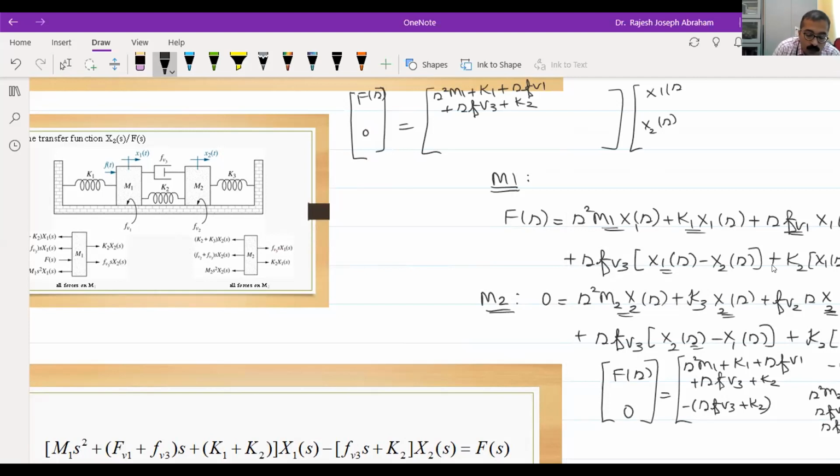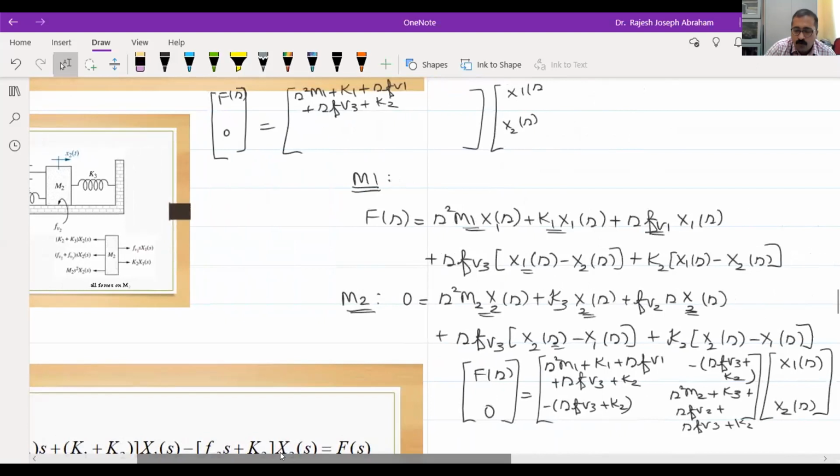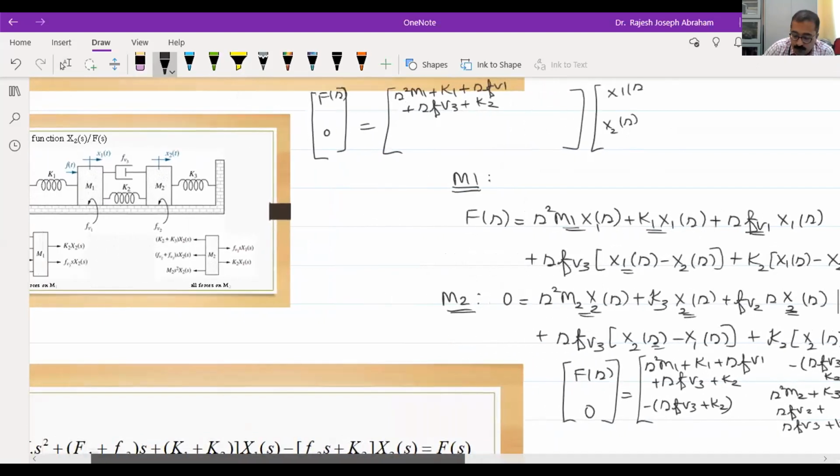Now the 1,2 position will always be negative. It is evident from the differential equation. So in the 1,2 position you write the negative of the sum of all the things connecting m1 and m2.